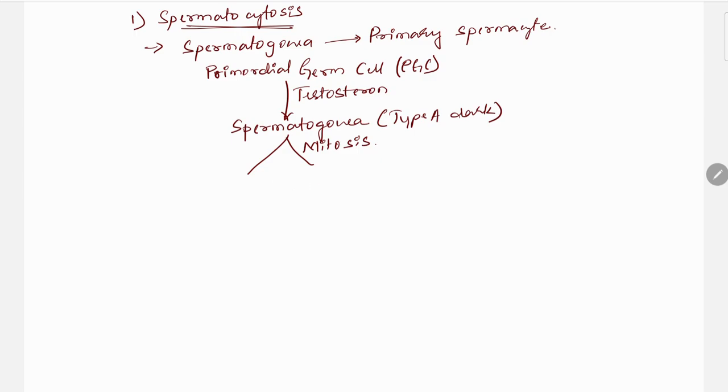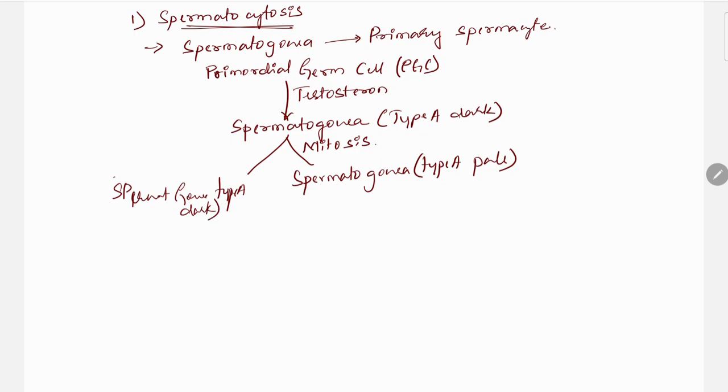Spermatogonia type A pale, and spermatogonia type A dark. Okay, so this is what will happen. The pale cell will undergo mitosis again.